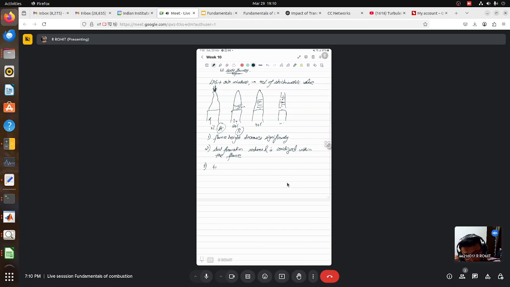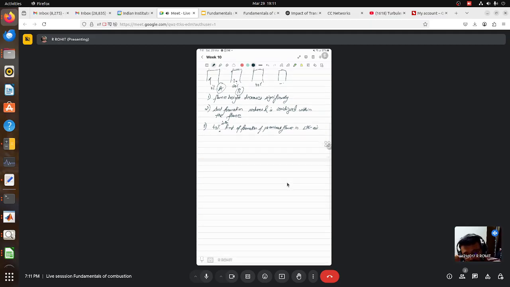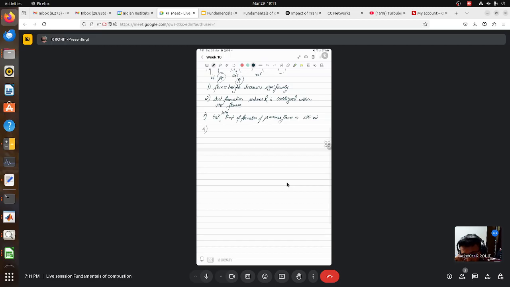And in this case, this 40% is the limit of formation of premixed flame. Particularly in an LPG plus air reactant mixture, this 40% is the limit of formation of premixed flame.